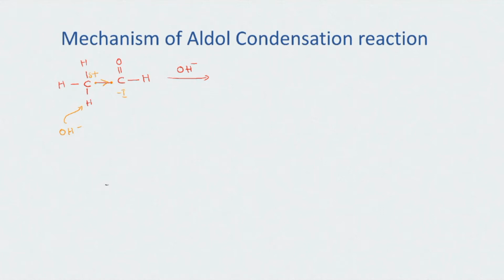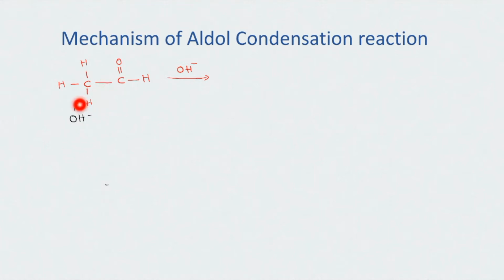So what will this alpha carbon do? It will pull the electron density between carbon and hydrogen towards itself, right? Thereby, this hydrogen becomes acidic. That's the reason the nucleophile readily abstracts this hydrogen from the compound. Got it?